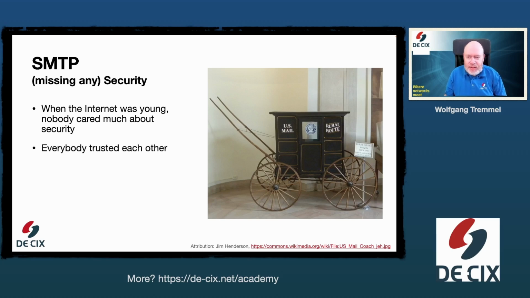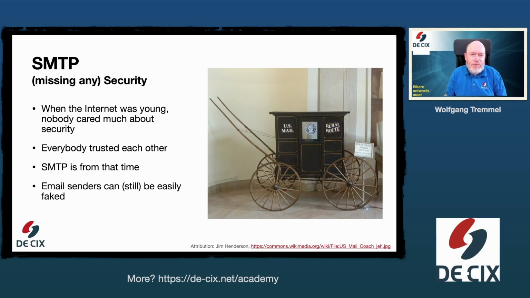Everybody trusted each other. And SMTP is from that time. That means email senders could and, well, still can be easily faked. You can type anything into the envelope address. Any system could and can send email to anybody. There is no verification of an originator or sender.